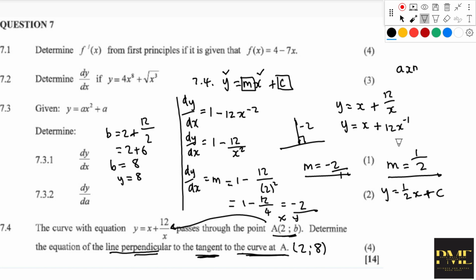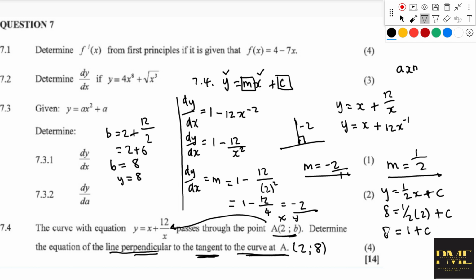Alright, so we need one coordinate and the gradient. We have found the gradient, so we now find the value of c by substituting our coordinates for y and x. So in other words we have 8 equals 1 over 2 times 2, plus c, guys. Half times 2 is 1, plus c.